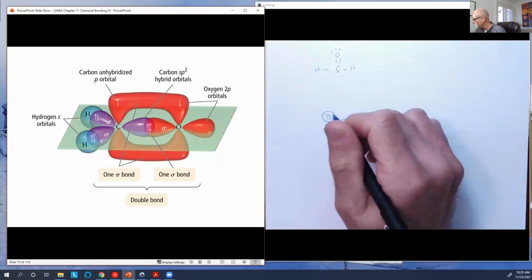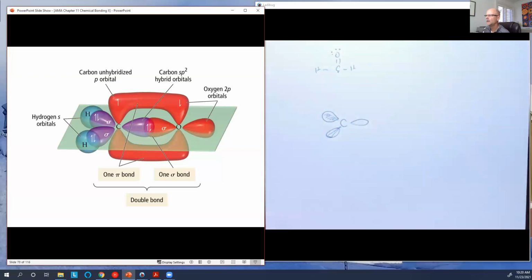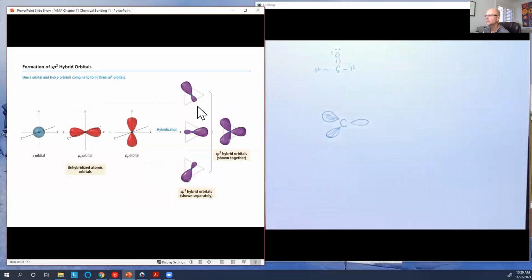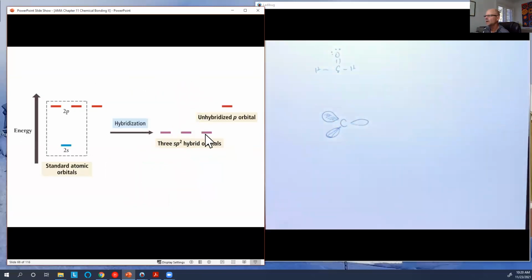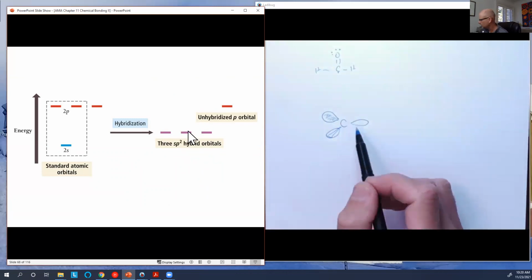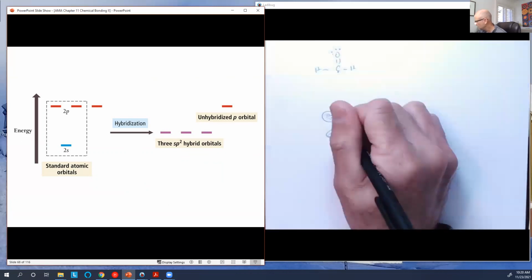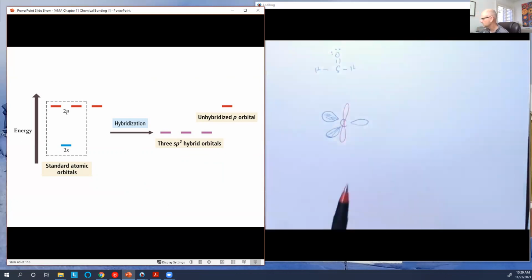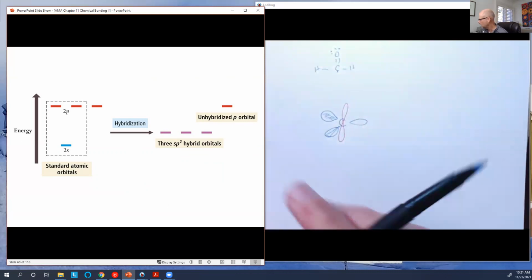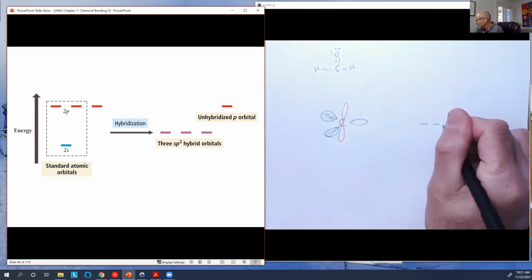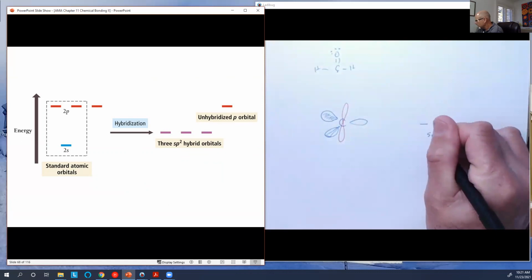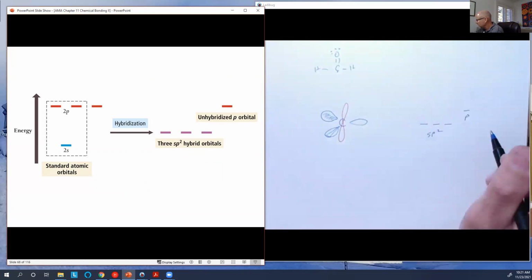And then I have, let me go back to this. These are the 3 sp2 hybrid orbitals, 1, 2, 3. And then we have this unhybridized p orbital, which I'm going to draw right here. And the reason that's important is because carbon's 4 electrons are going to occupy sp2 and p.